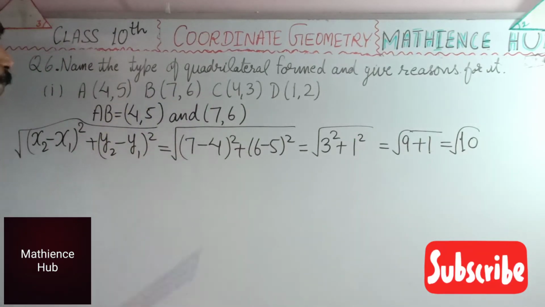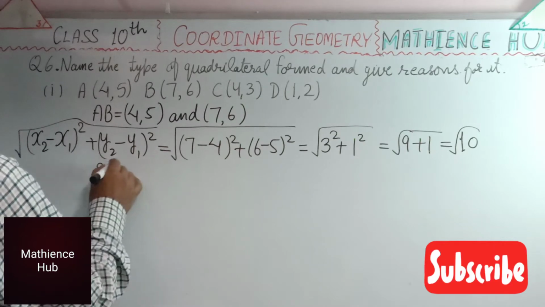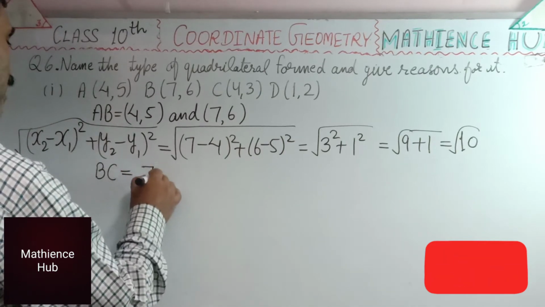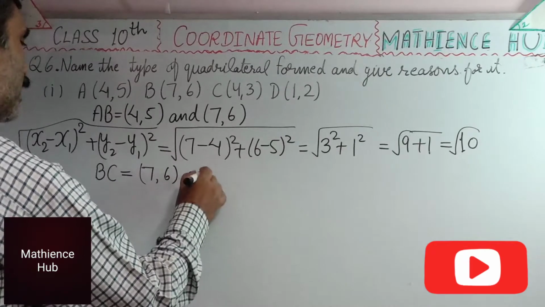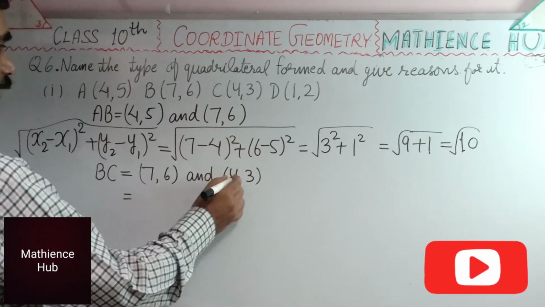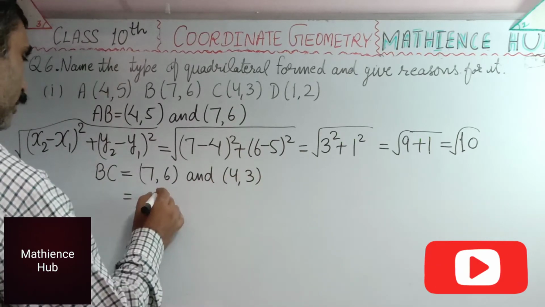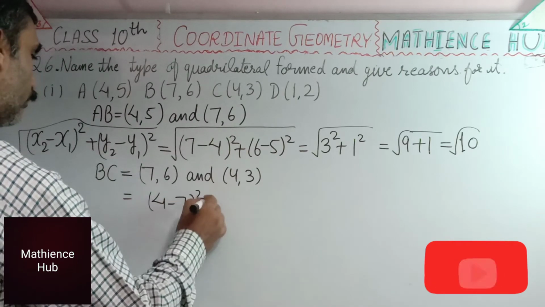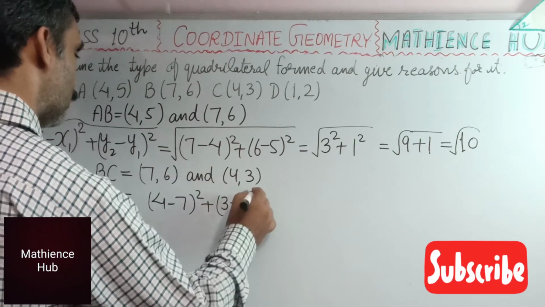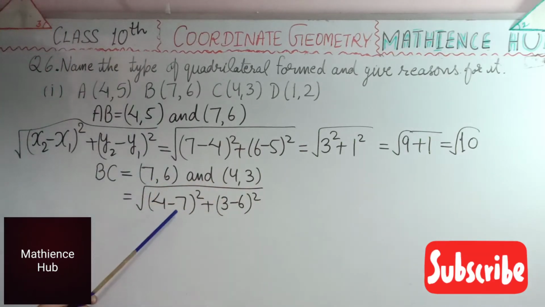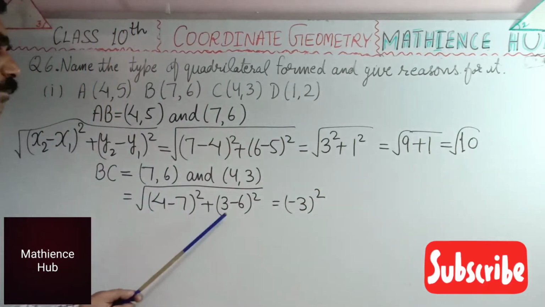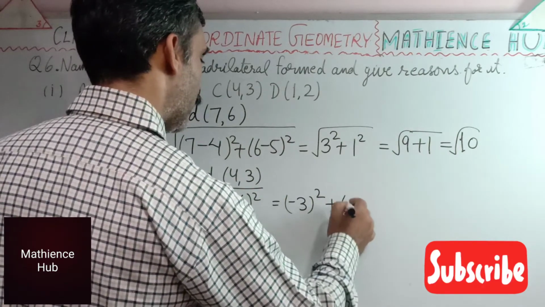Again find the distance BC. B is (7, 6) and C is (4, 3), as x1, y1, x2, y2. 4 minus 7 square plus 3 minus 6 square. 4 minus 7 is minus 3, and 3 minus 6 is also minus 3.